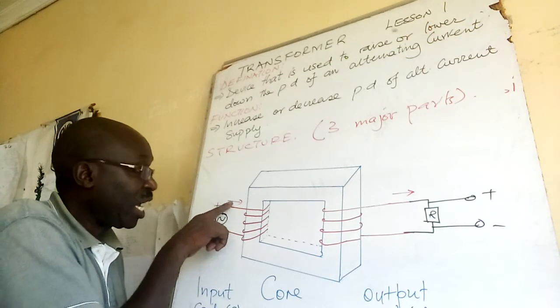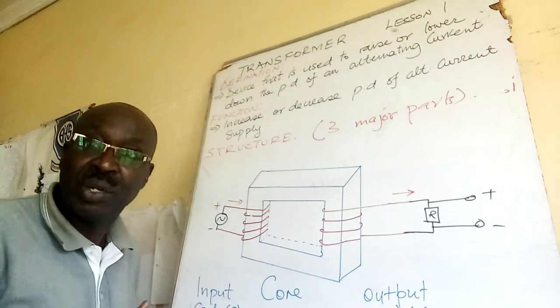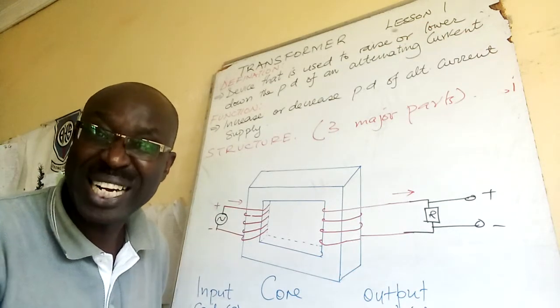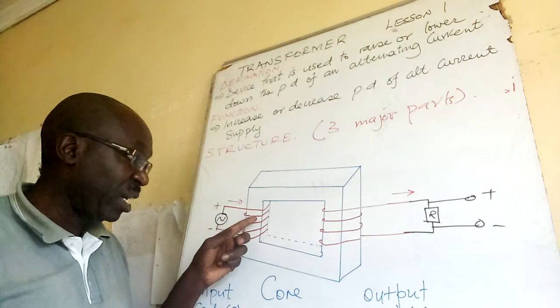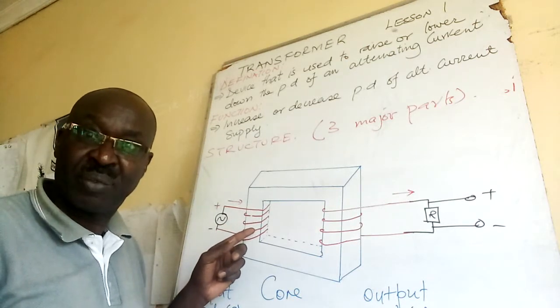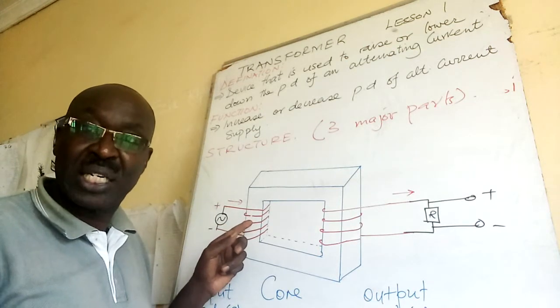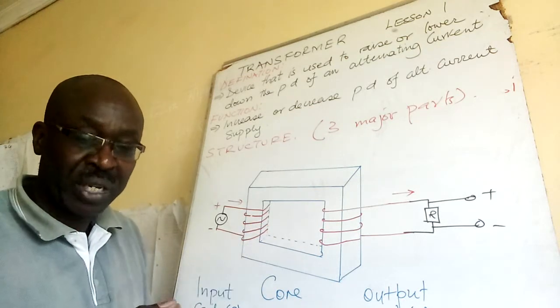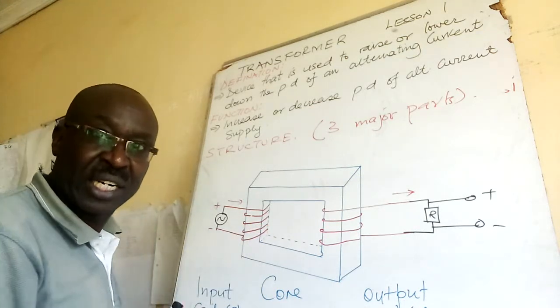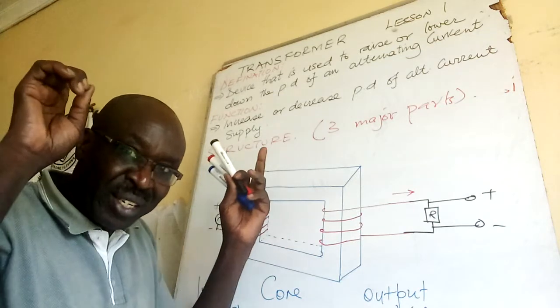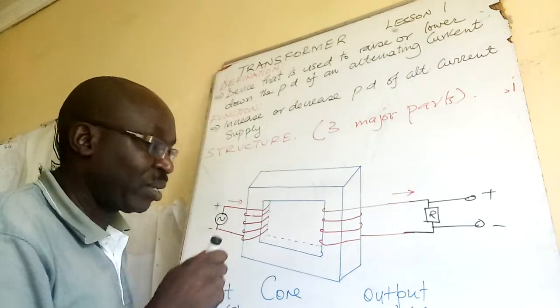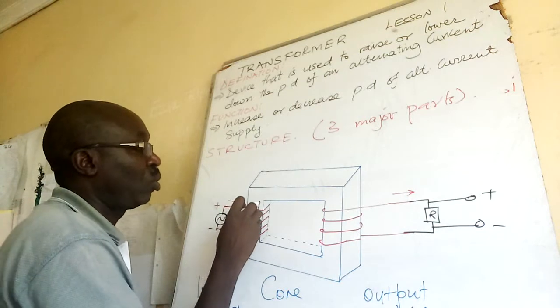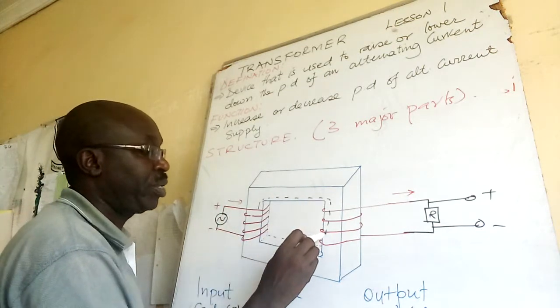This alternating current will bring about magnetism in this coil. The magnetism I'm talking about is basically a magnetic field. That magnetic field, remember, lines of force will be concentrated. So you have them here.